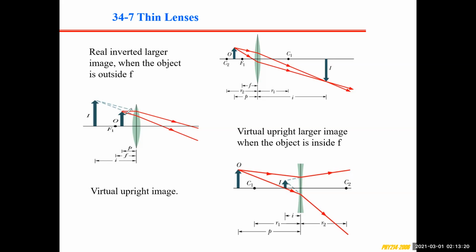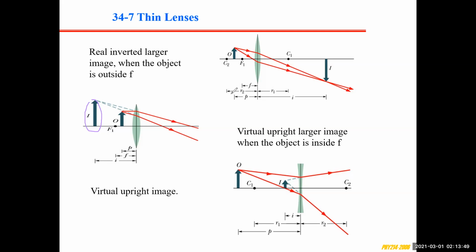And then you have another one that goes through here, gets bent, and you can see that those two light rays will not converge on this side, instead converge on the other side. So you can see that the image here is an enlarged image, and it's virtual because it's a virtual light ray. And also, your I is negative, and your M has to be positive because they have the same orientation, and your M is greater than 1 because it is an enlarged image.